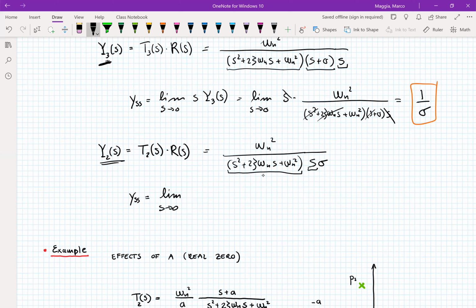We have one pole equal to 0, multiplicity equals 1, so that is fine. So the final value is equal to the limit for s that goes to 0 of s times Y2.